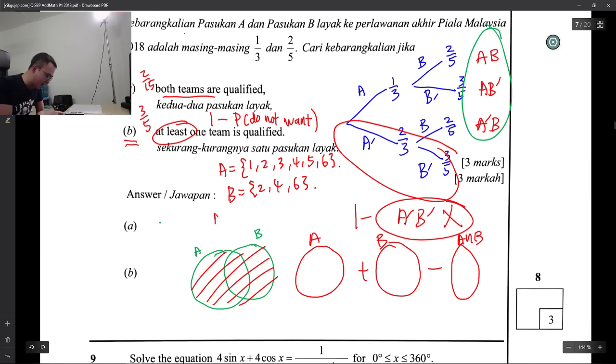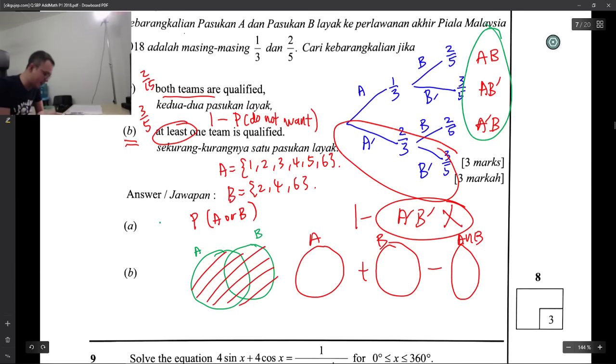I want to find A union B, for example the number of A union B, or the probability of A union B, since you asked about probability. Or I want to find the probability of A or B, which is actually represented by union.